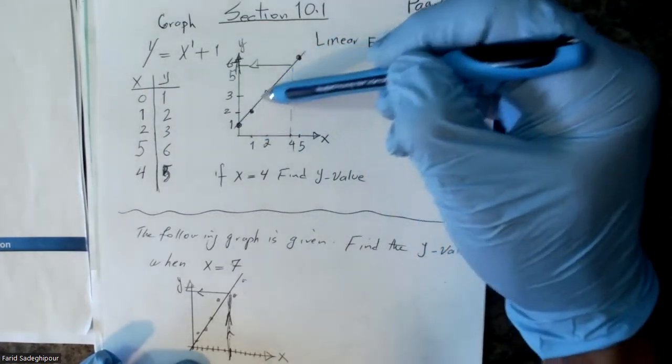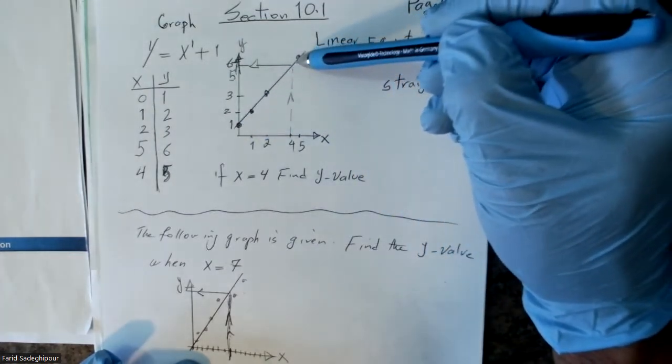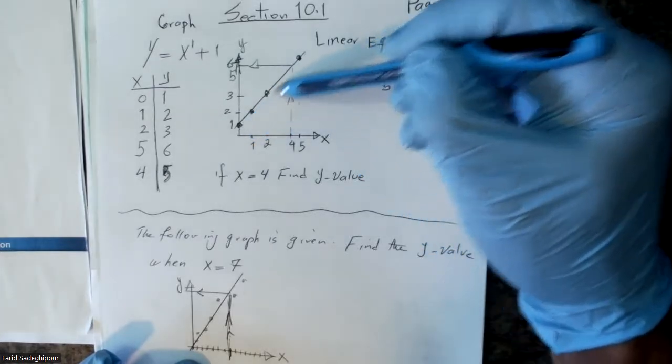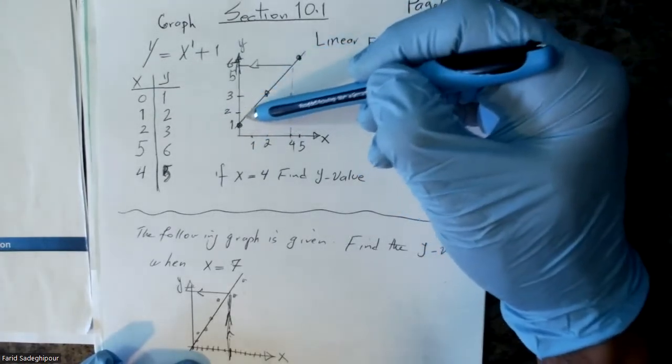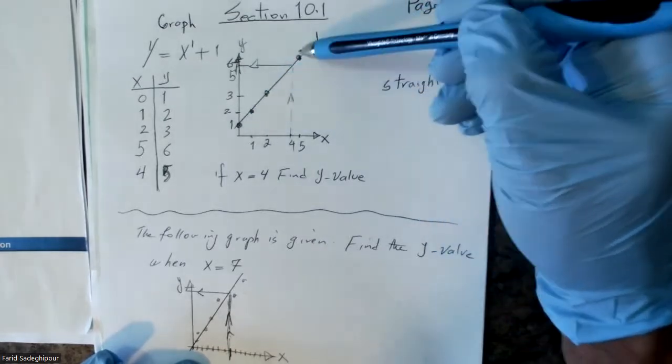So this is a strong correlation among all these points, or 100% correlation, because they all are on a straight line.